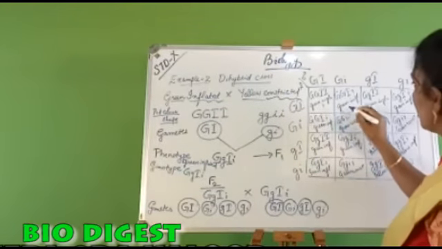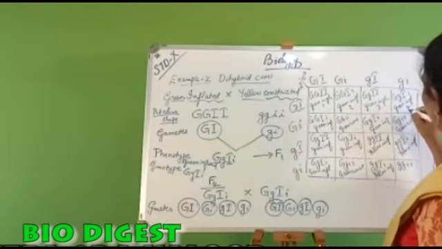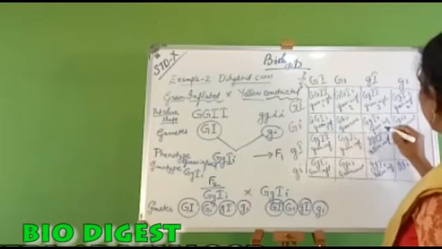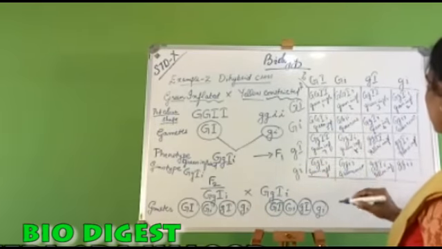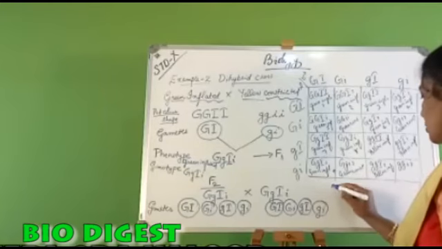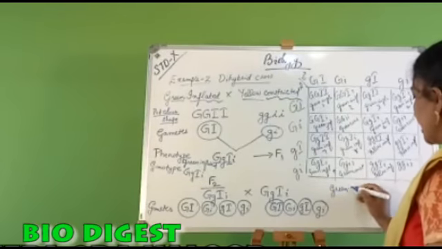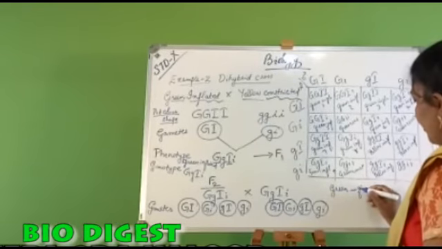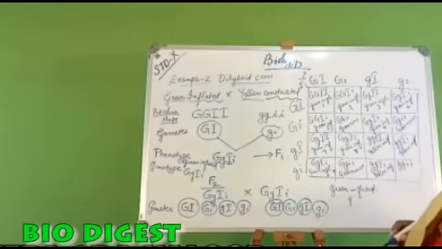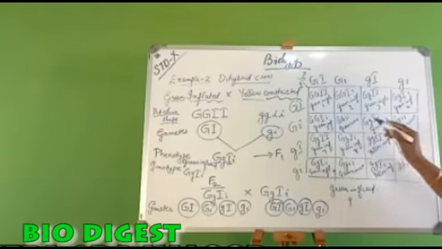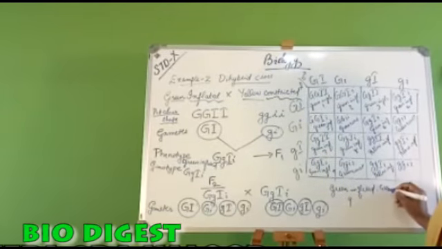How many are there? 1, 2, 3, 4, 5, 6, 7, 8, 9. So right here, this is the phenotype. Green inflated 9 is to how many green constricted are there?